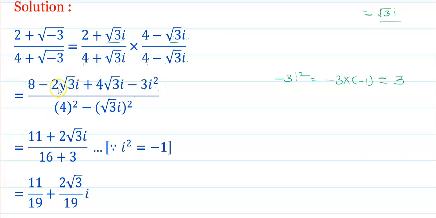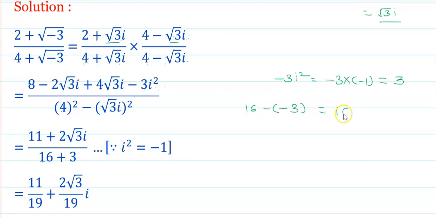Next, minus 2 root 3i plus 4 root 3i, you are getting 2 root 3i. Now here 16 minus root 3i square is minus 3. And here is 16. Bracket जवळ minus आहे, and that minus and minus will become plus. And hence here this is 16 minus in bracket minus 3.